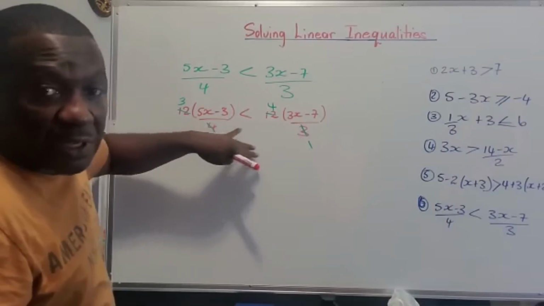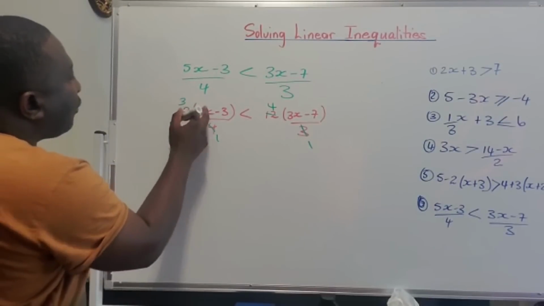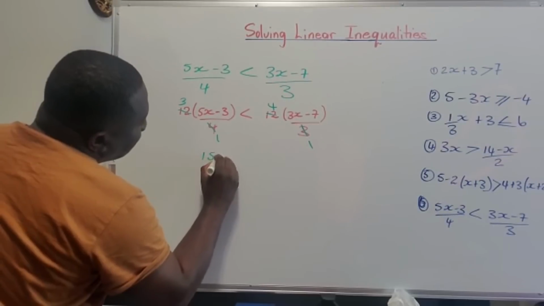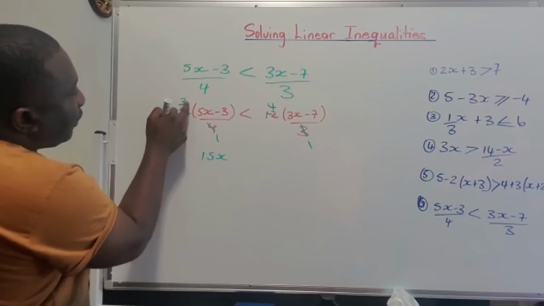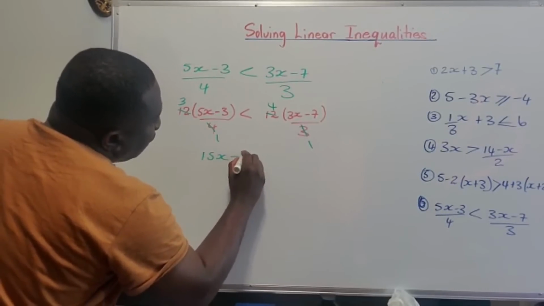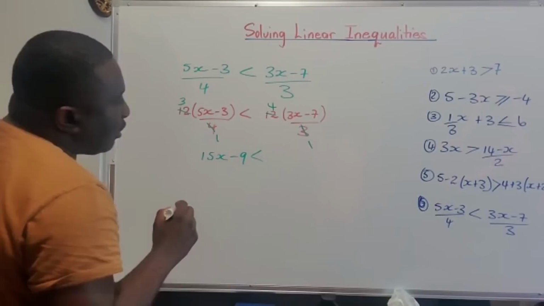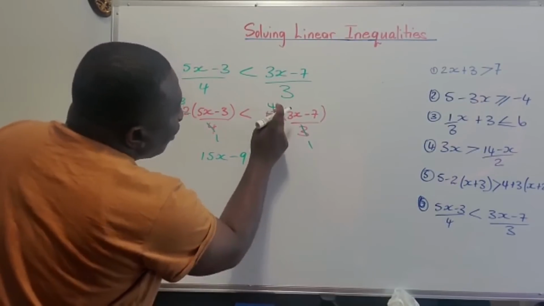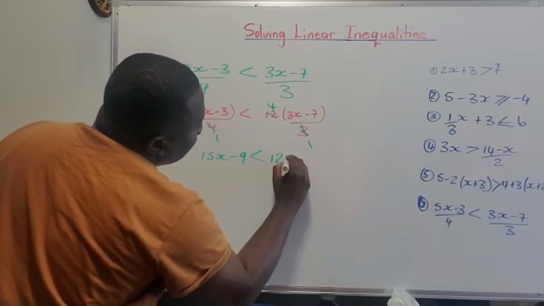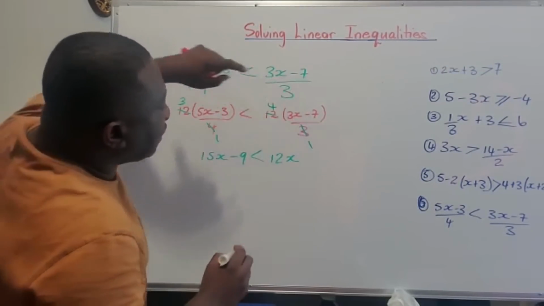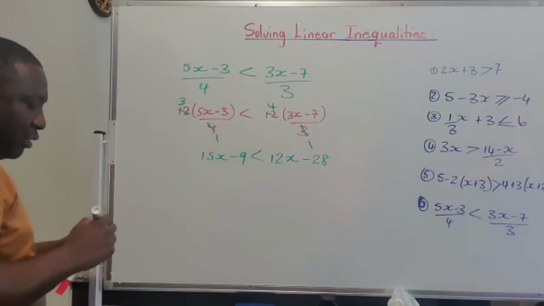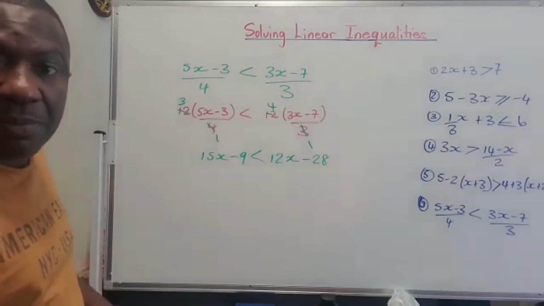We have gotten rid of the denominators. 3 times 5x will give me 15x. 3 times -3 will give me -9. Maintain my less than sign here, which says 4 times 3x will give me 12x. 4 times -7 will give me -28. Now we have it more in a linear form.